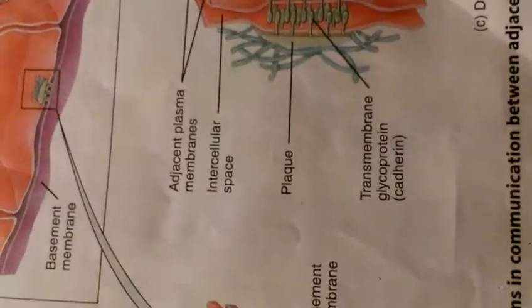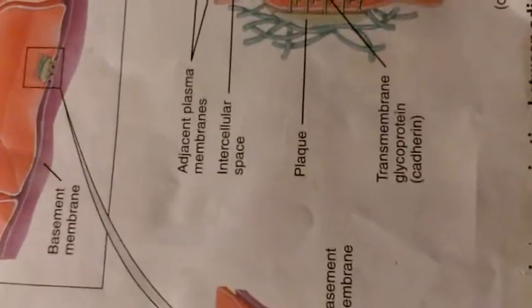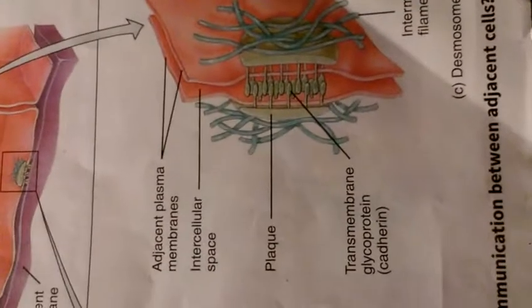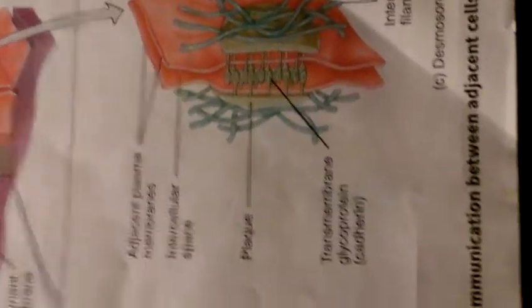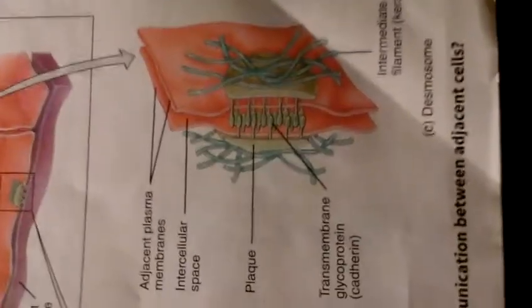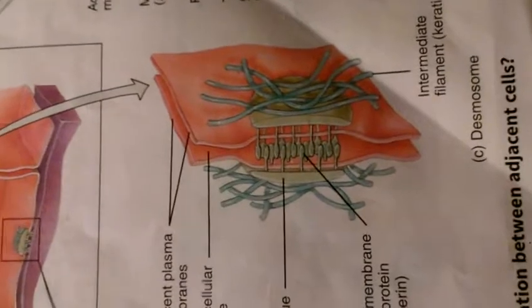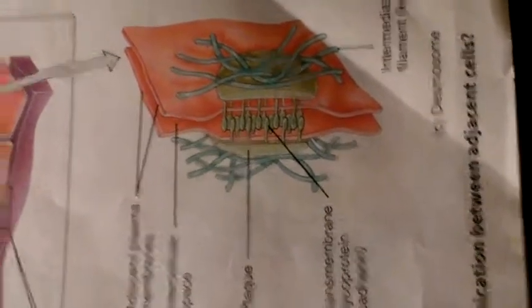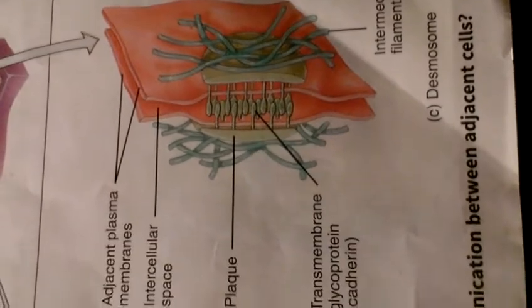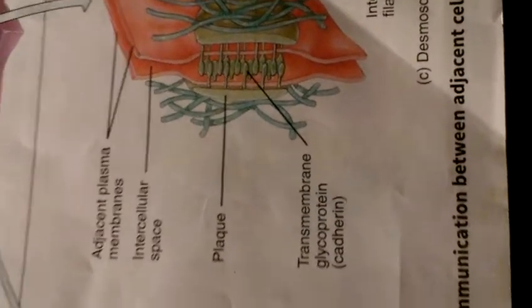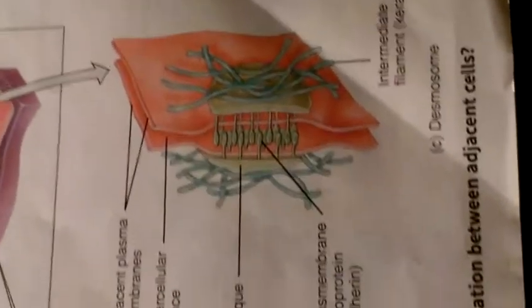That's what I've got from another source. It's found in spots where we have a lot of stress, like the skin or the intestines, which get used pretty often. So desmosomes keep cells from being pulled apart. They're composed of plaque and linked together by transmembrane glycoproteins. And that's pretty much it for this one.